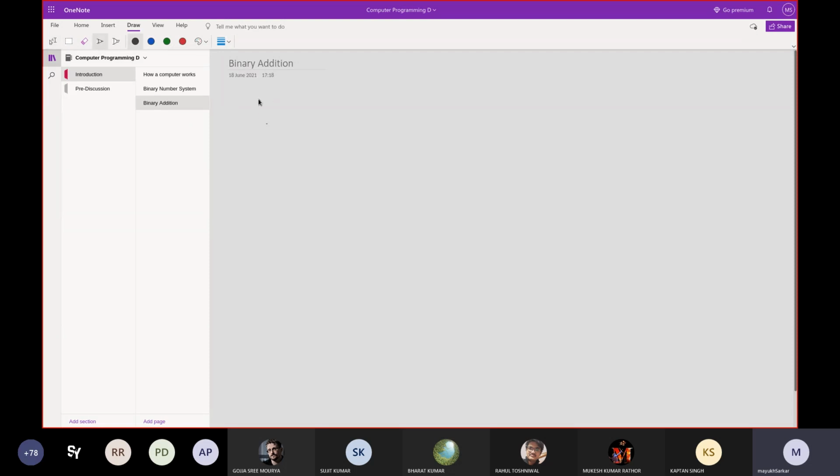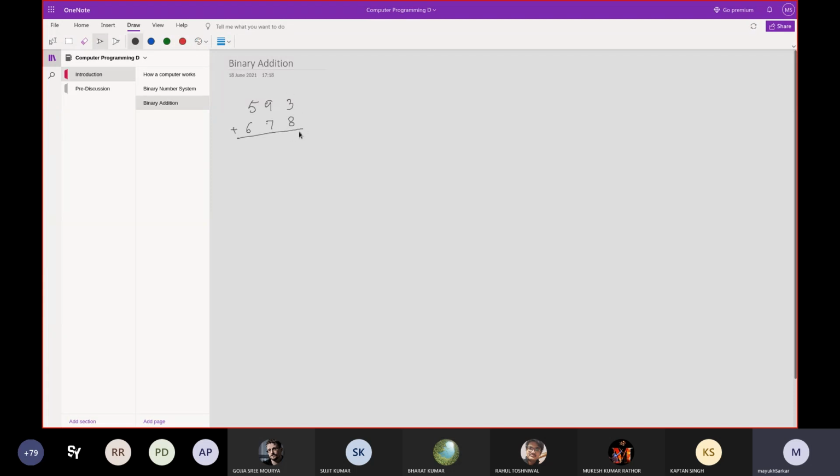Okay. To understand binary addition, let's first look into how we perform addition in decimal numbers. It seems I've got the connection back. So 593 plus 678, and what we do is simply add the two numbers.